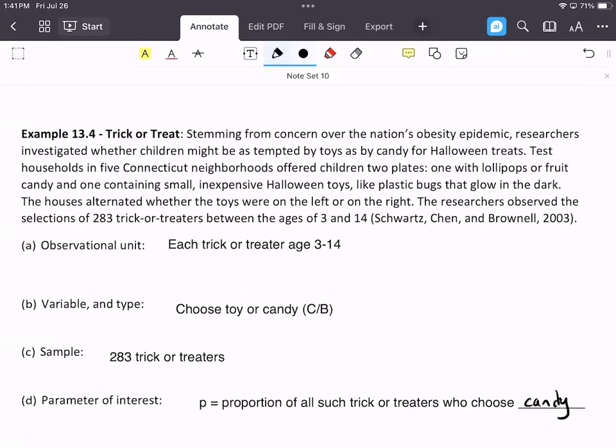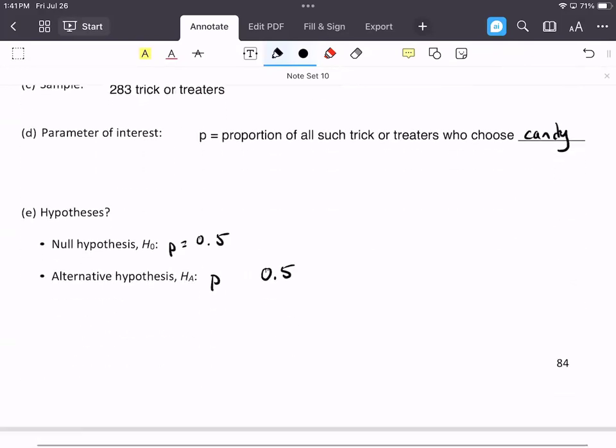Looking carefully, and this is where it can be a little challenging, if you look at the second line, it says, as tempted by toys as by candy. They don't say more tempted, they say as tempted. So they're looking for a difference. They're trying to see if it's not split 50-50. Are they as tempted by a toy as by candy? So we're going to look at not equal.